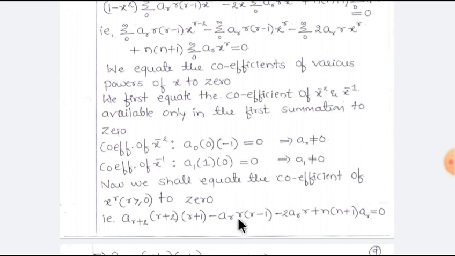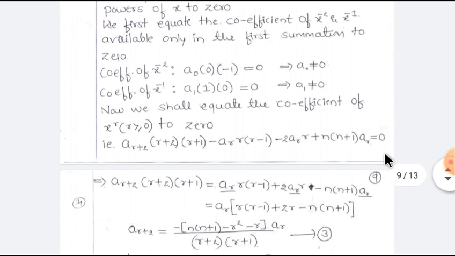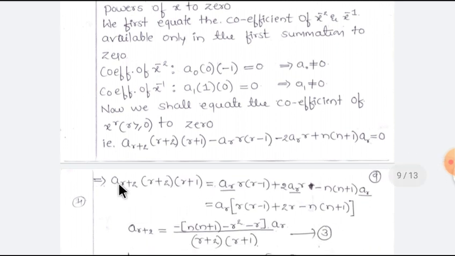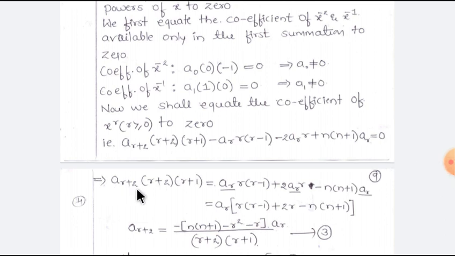So r into r minus 1 minus 2ar, it is already in x to the power r, here also x to the power r, plus n into n plus 1 into ar, which is equal to 0. RHS value becomes 0. So yes, a(r plus 2) into r plus 2 into r plus 1.